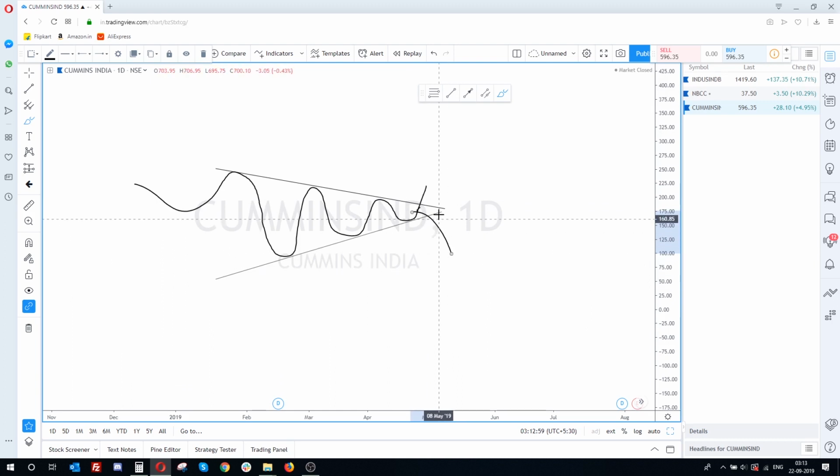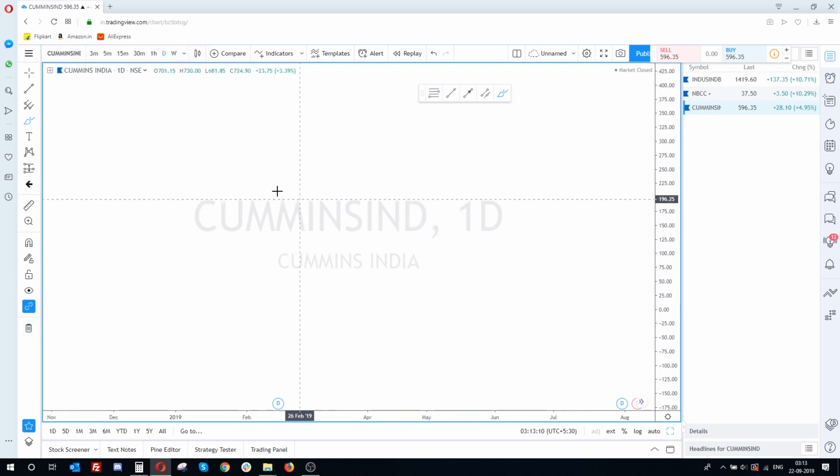I will explain in detail how to enter and exit. Let's just stick with the price action patterns right now. This is the main psychology, and I will explain it with the chart right now so that it makes more sense to you guys.